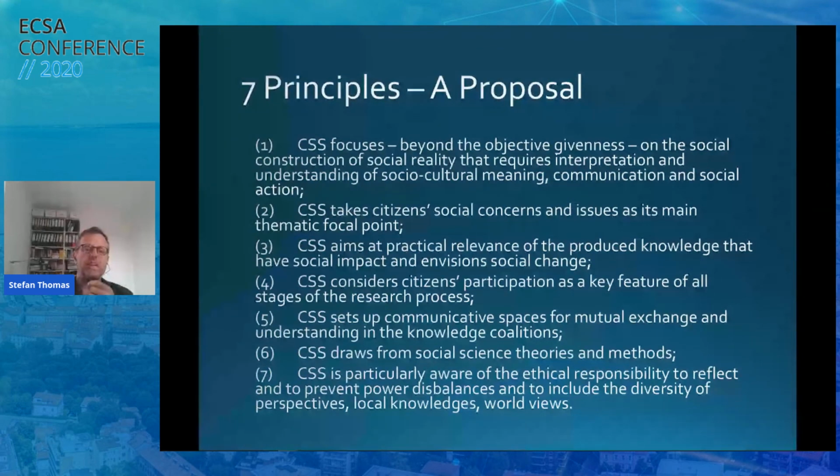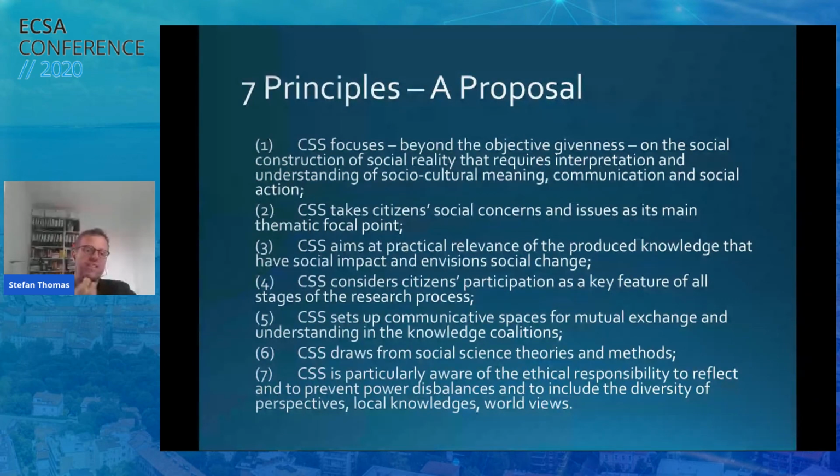Fourth, citizen social science considers citizen participation as a key feature of all stages of the research process. The reason is that if we research topics that are already predefined and pre-interpreted by citizens as first order interpretations, then we should consider deep participation, their say, and their perspective in the research process as important.